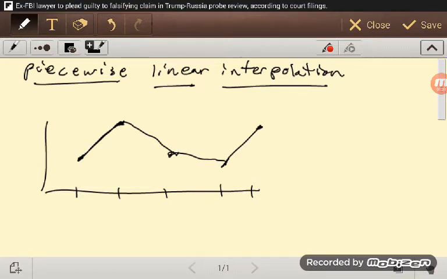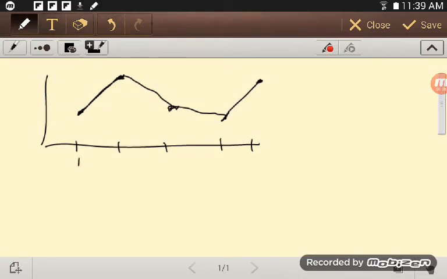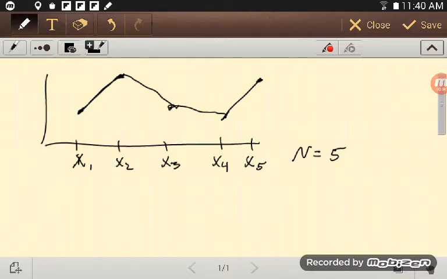Now the way the notes that I gave you to look at work, they would have this as x1, x2, x3, x4, x5, something like that. So here we have 5 points. And that's fine. It's possible at some point I will start with x0, but x1 is fine for a starting point.